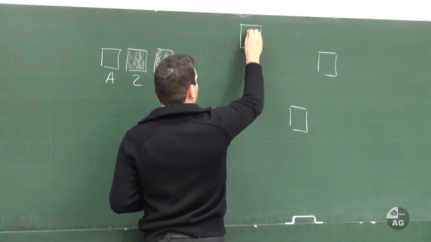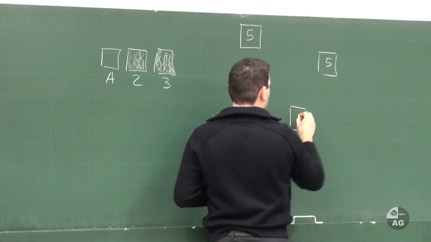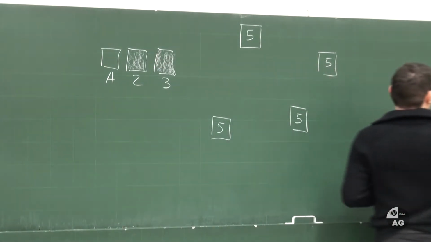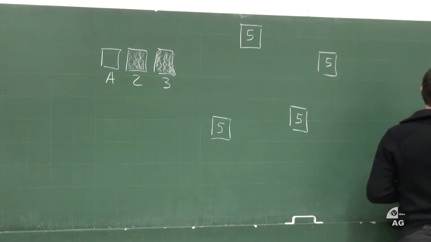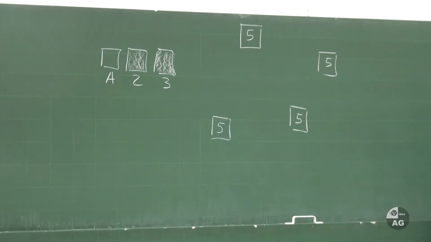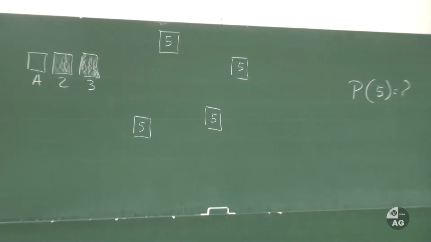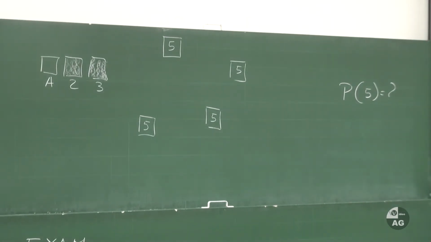And let's say that they have 5, 5, 5, 5. What is the probability that you score a 5? 0. That's why you need to know the opponent's cards. It's correct. It is a 0.